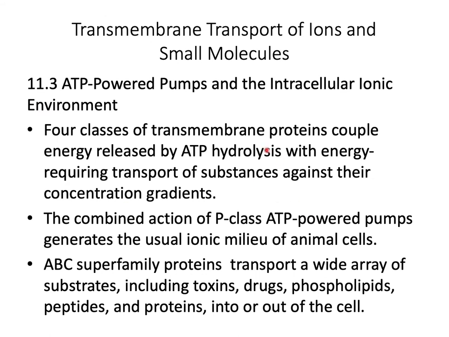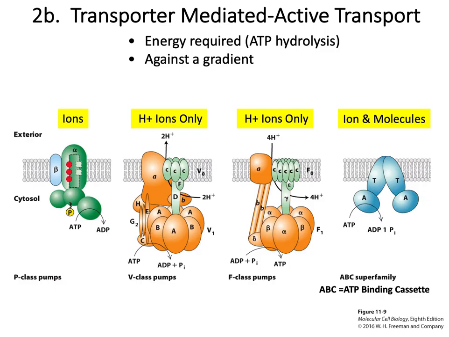So far, we have discussed passive and facilitated diffusion, where substances move down the concentration gradient and do not require any specific energy expenditure. Now we are going to talk about an uphill task. In many instances, cells need to move substances against a concentration gradient.